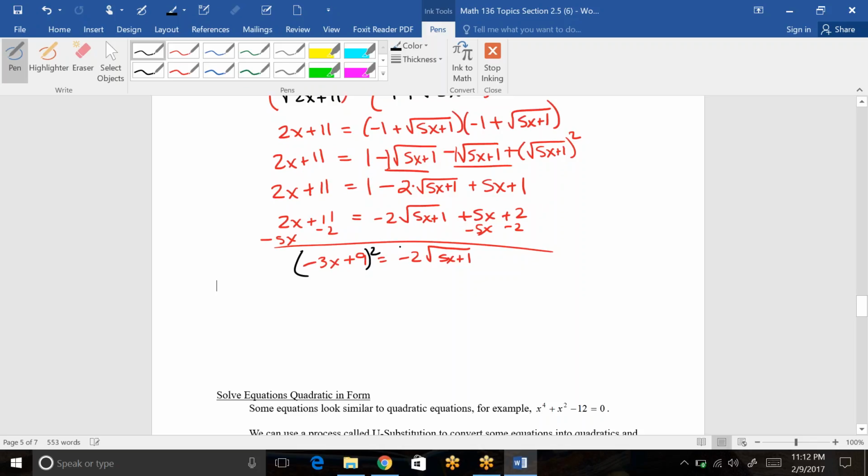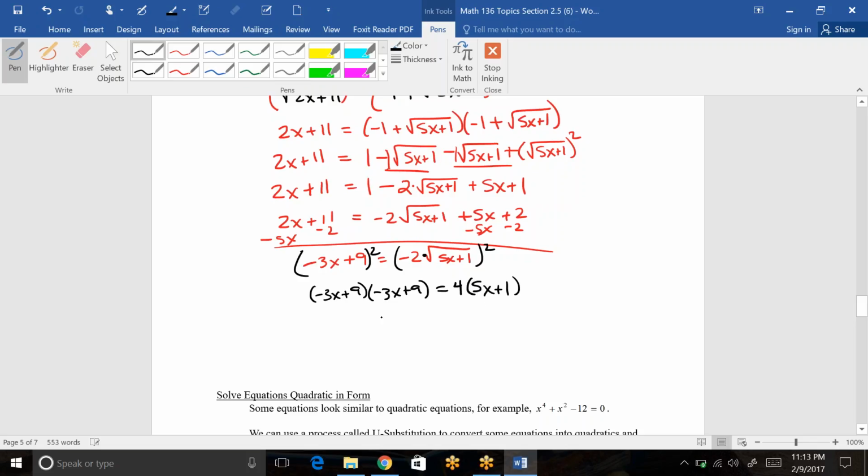So to get rid of this radical, I am going to square both sides, but because this is times, not adding between these two pieces, you can square them both. So this would be -3x plus 9 times -3x plus 9. This would be -2 squared, which is 4, and then in a parentheses, you'd have what cancels here, which is the 5x plus 1 is the only part left over.